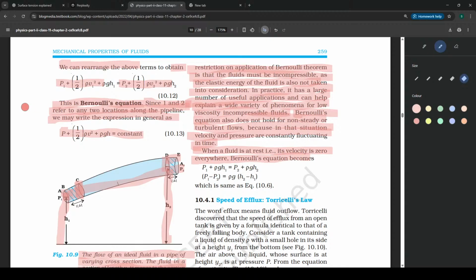Bernoulli's equation becomes, where kinetic energy will vanish and only potential energy will be there, where P1 plus rho g h1 is equal to P2 plus rho g h2, where the difference between pressures is equal to rho g times the difference in height, which is basically the rho g h formula.